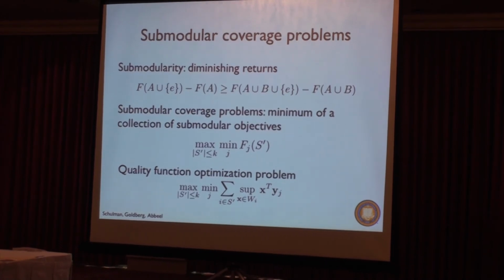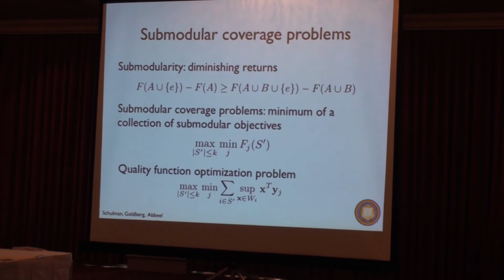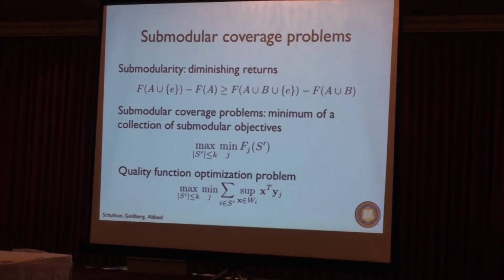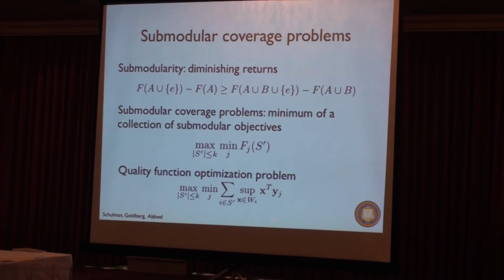So it's like you choose your subset S, and then an adversary chooses which of your objectives gets evaluated. In our case, the adversary is choosing which direction, which disturbance wrench is being chosen. And our submodular objectives are the sums that I showed on the previous slide.